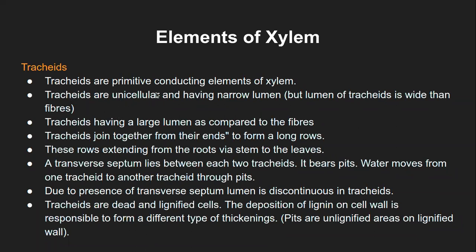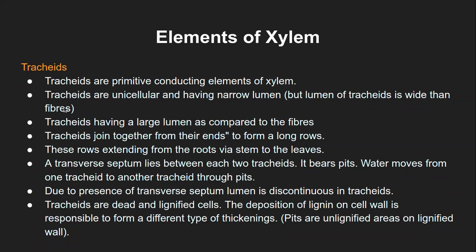Tracheids, they are unicellular. Remember, xylem was multicellular because it's a tissue. Tracheids are unicellular and have a narrow lumen. Narrow lumen means a short diameter of the tube. But the lumen of the tracheid is wider than the fibers.